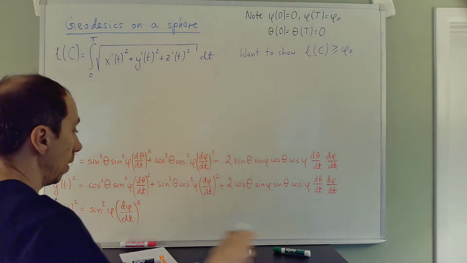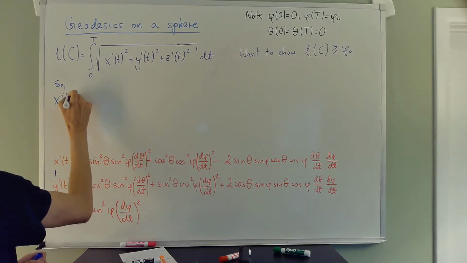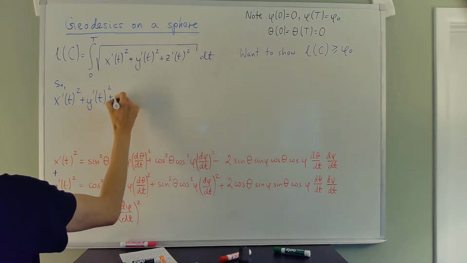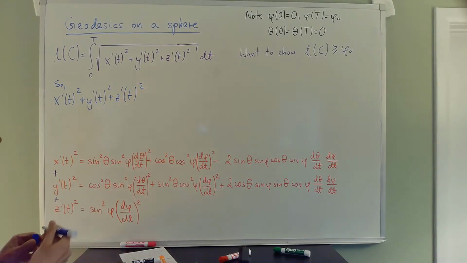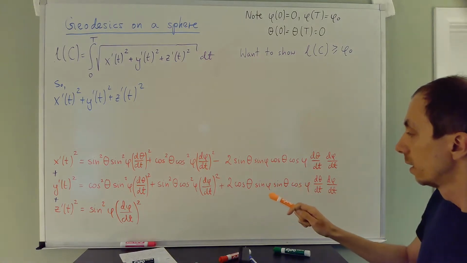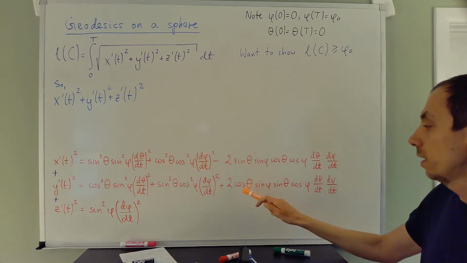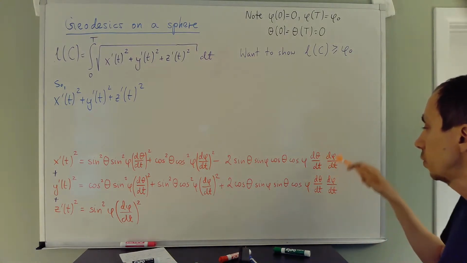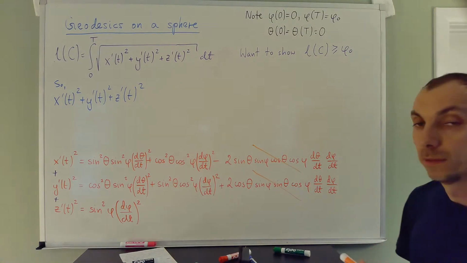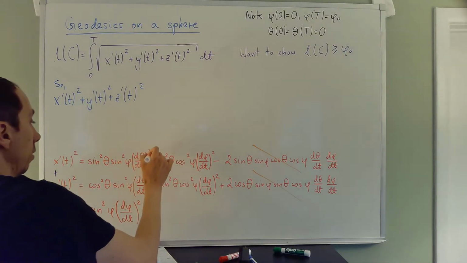So x prime of t squared plus y prime of t squared plus z prime of t squared is what? Well, first of all, let's look at these two terms. Sine theta, sine theta, sine phi, cosine theta, cosine theta, cosine phi, and the same derivatives, but opposite signs. So these two terms just cancel out. Let's look at these two terms now.